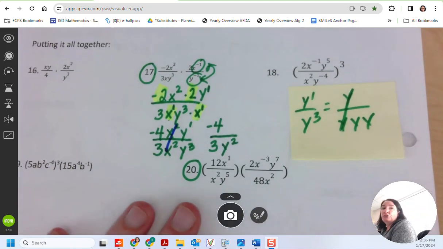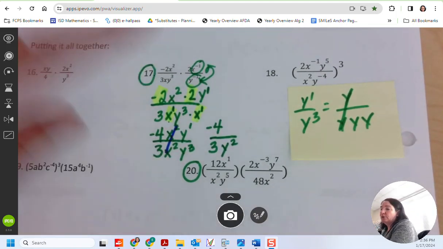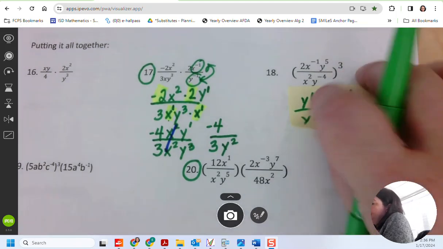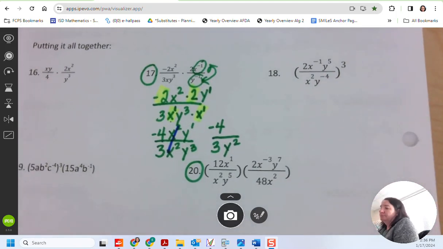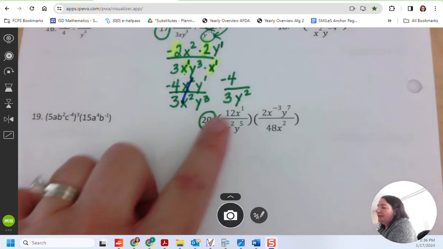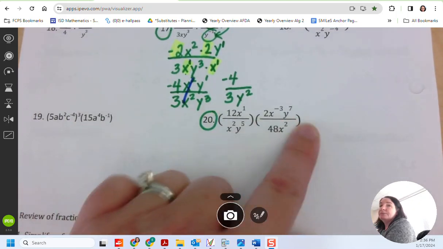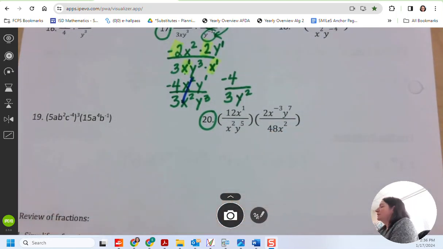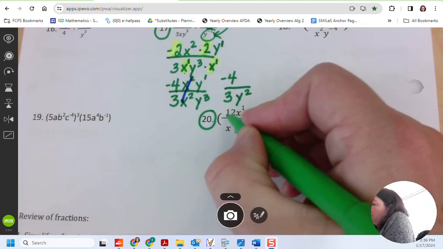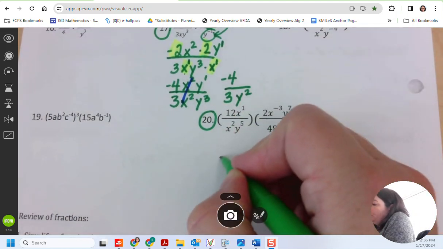Okay, we're going to do 20 together, and then I'm going to give you some time to work on these others. All right, in 20, I'm going to start by multiplying across, and then I'm going to deal with the negative exponents after that. 12 times 2 is 24.